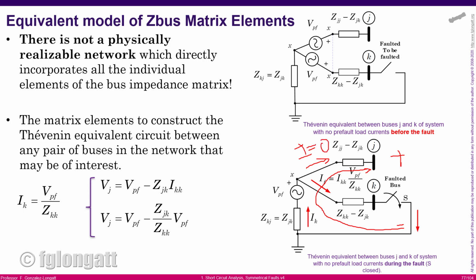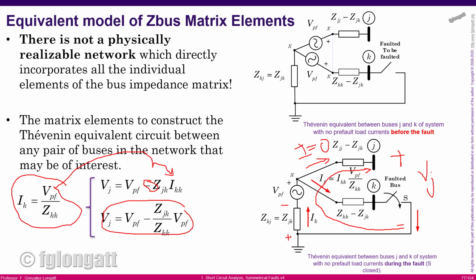As a consequence, you can say that the voltage here, Vj, is equal to the sum of the voltage here plus, remember, this is negative, this is positive, that is the reason for the negative sign over there. The voltage Vj will be the voltage previous to the fault at the point P, minus this element multiplied by the fault current. Then you include the definition here, and you will get the expression that I already derived.